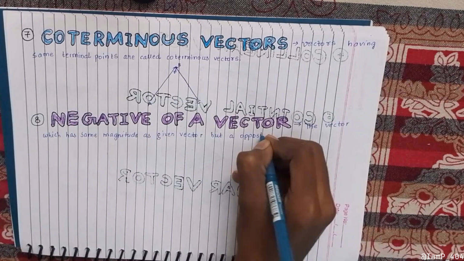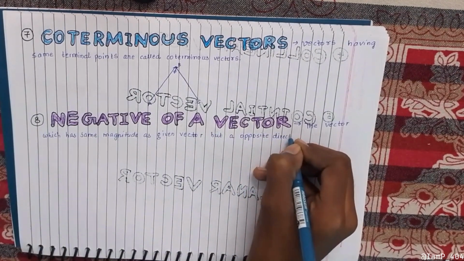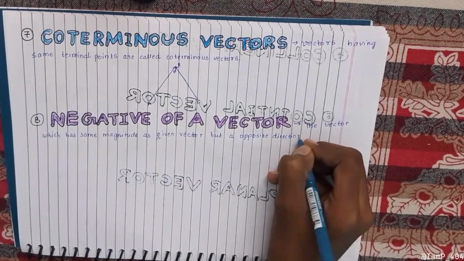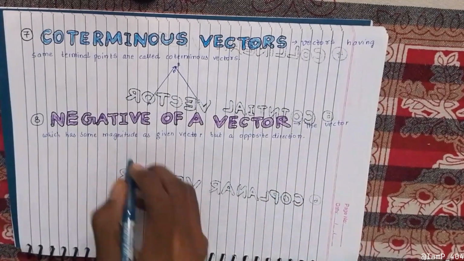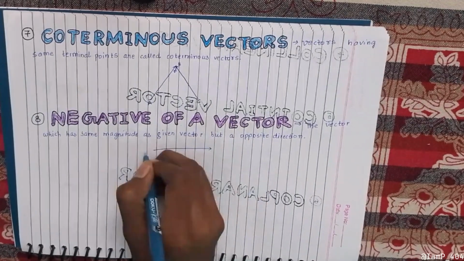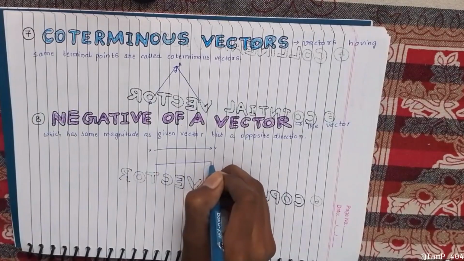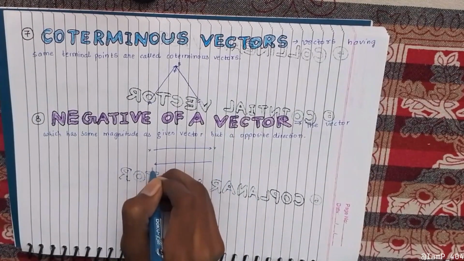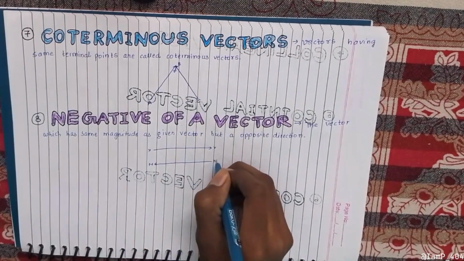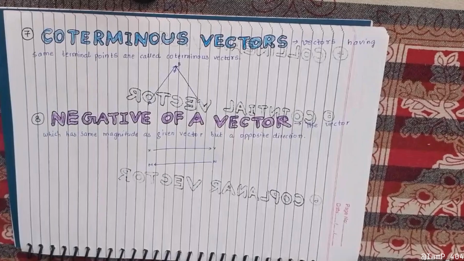You understand what I'm saying? For example, this is a vector xy, and this is a vector mn. They have the same magnitude, but mn is the negative of xy because it has the opposite sense of direction. This is what we call a negative vector.